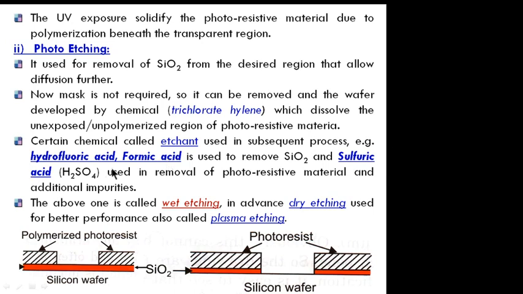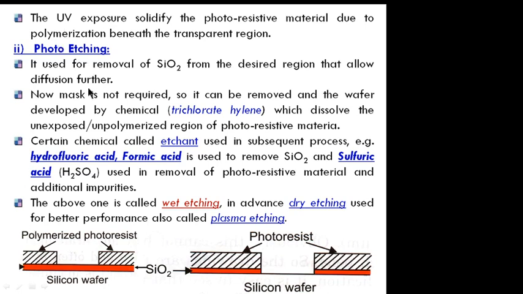Sulfuric acid is also very well known to remove the polymerized photoresistive material, because once I succeed in removing the SiO2 layer on the silicon wafer, the job is almost done for the next set of processes.